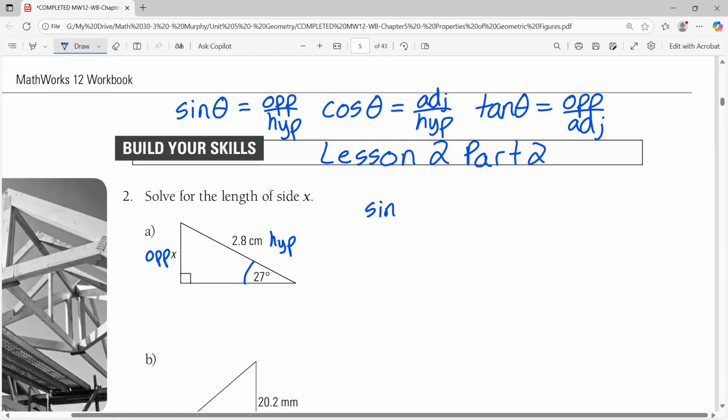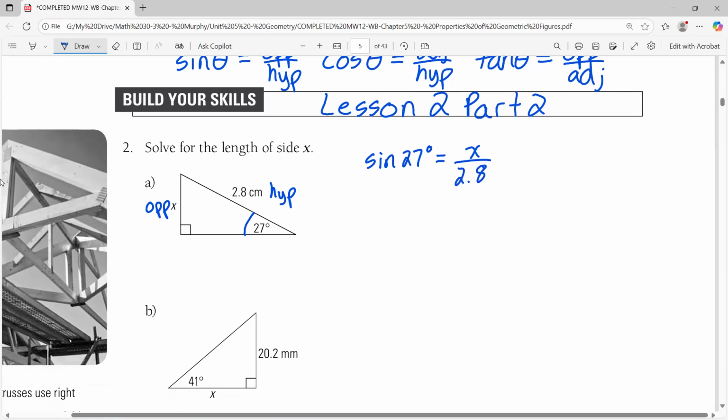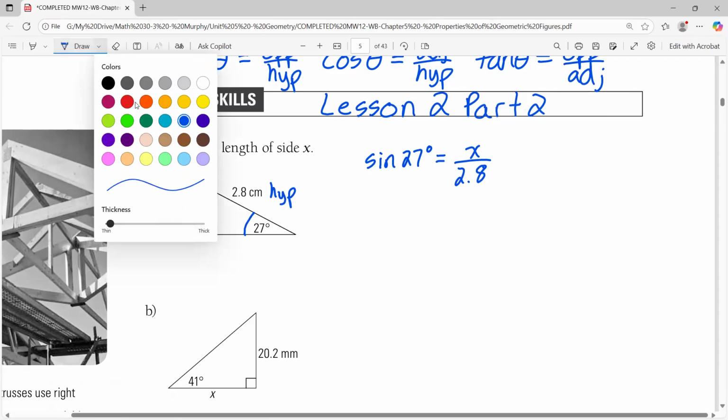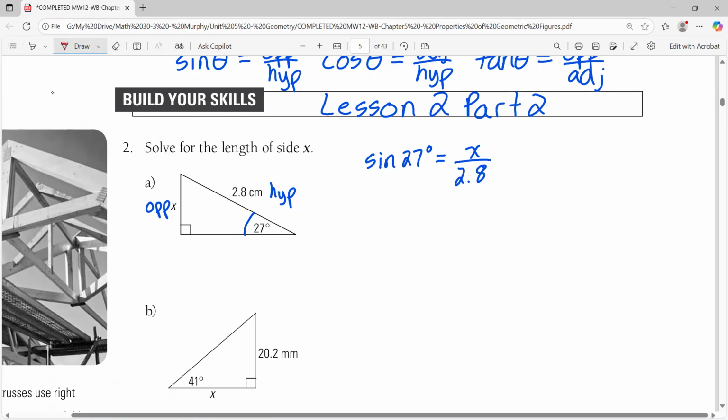Okay. Now, I'm going to replace the angle with 27, opposite with x, hypotenuse with 2.8. In a scenario like this, we are going to multiply both sides by 2.8 because we got to get that fraction out of there so we can solve for x, and then 2.8 ends up here.